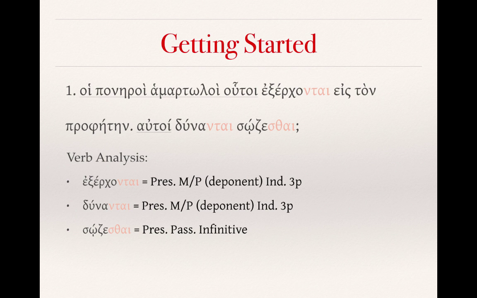And then finally, we have the verb form sōthēnai, which has the nai ending, which we have just learned in this lesson is the indicator of the passive infinitive. And so we would parse this as present passive infinitive.